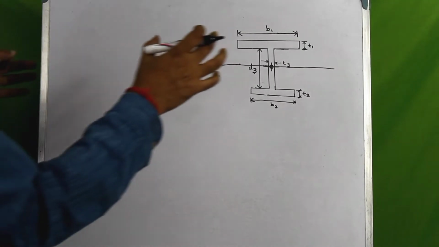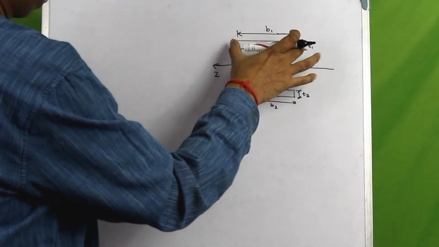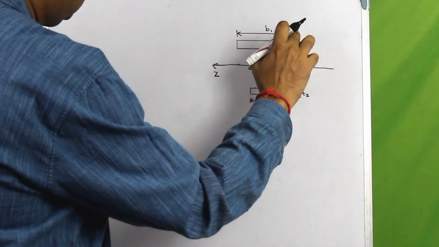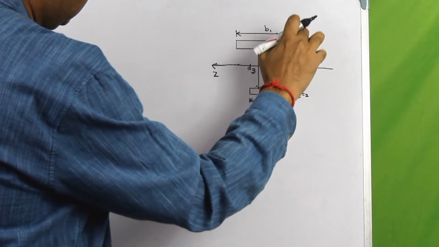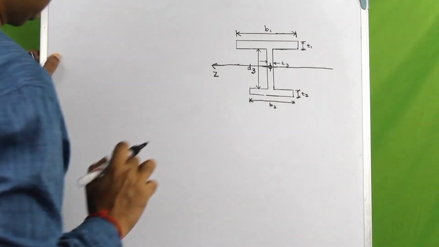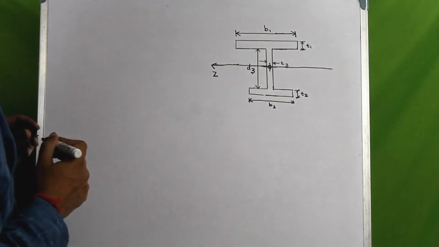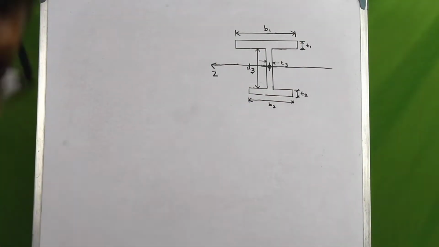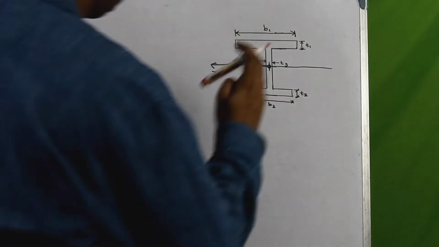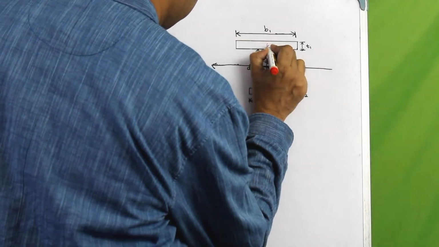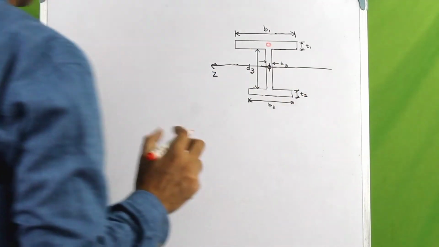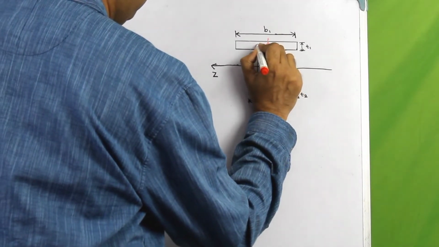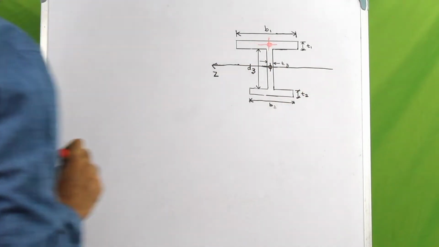So, for example, in the top flange, with the dimension of B1 for the width and the thickness of the top flange being T1, we want to identify the centroidal axis of the top flange only. So let this be the centroidal axis of the top flange.